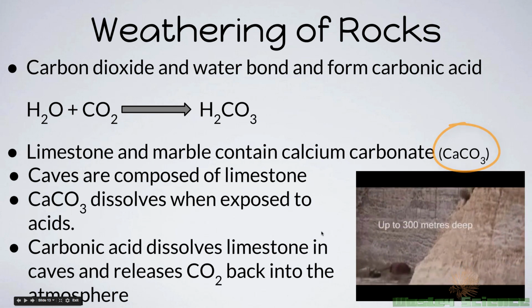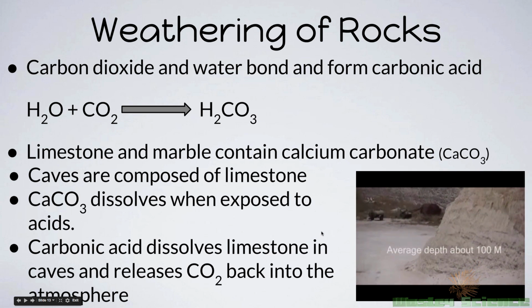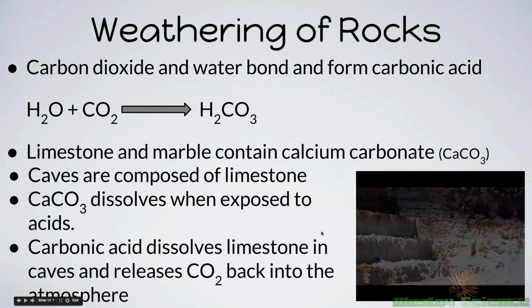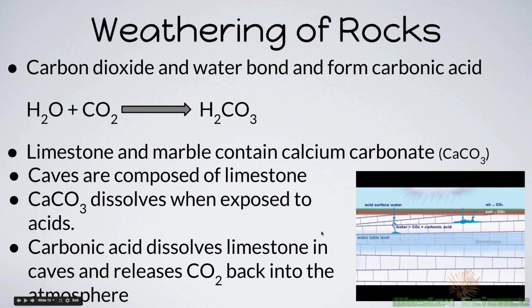That's very important, guys, because when limestone is exposed to rainwater, which is naturally acidic from carbonic acid that we discussed in our last unit, the rainwater erodes limestone away and creates huge caverns and cracks and crevices inside of the ground. And when the limestone reacts with the carbonic acid, carbon dioxide gets released.